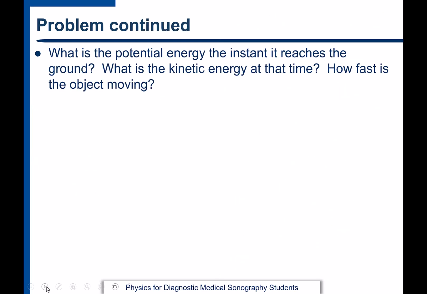Continuing the problem, we now want to know what's the potential energy the instant it reaches the ground, what's the kinetic energy at that time, and how fast is the object moving. So again, we started out with the object with an initial potential energy of 147 joules and an initial kinetic energy of 0.